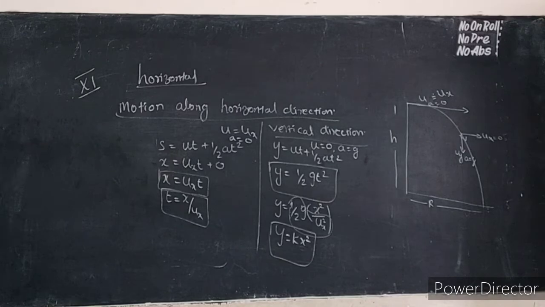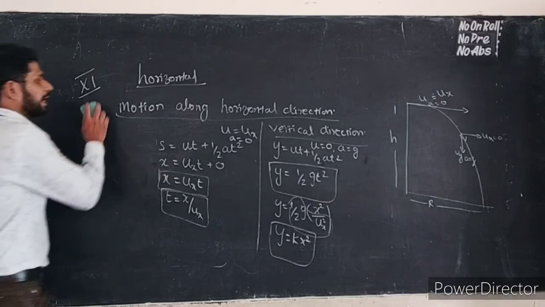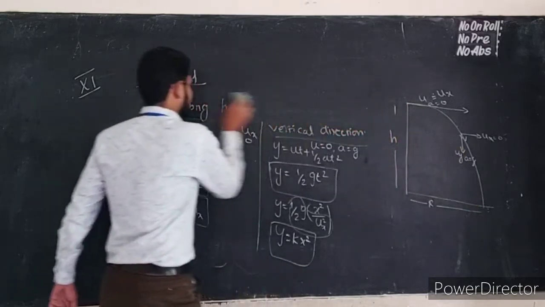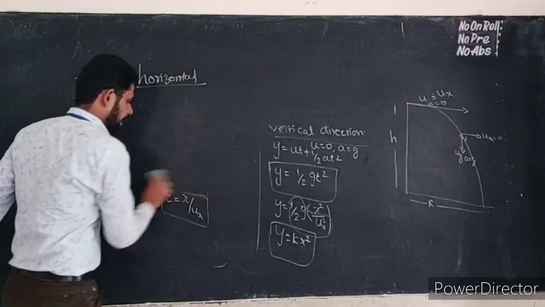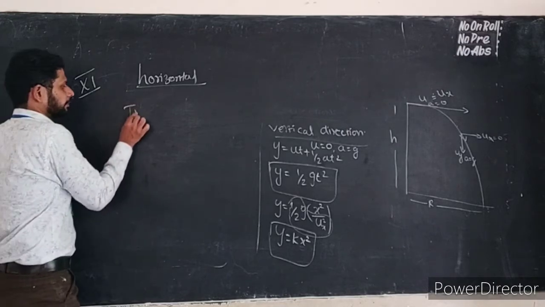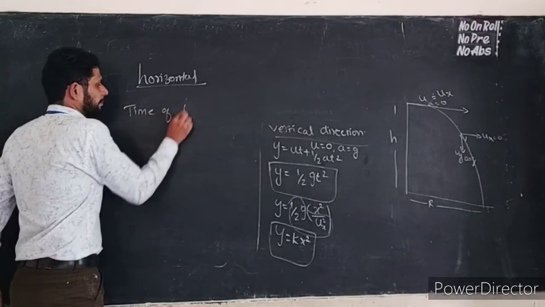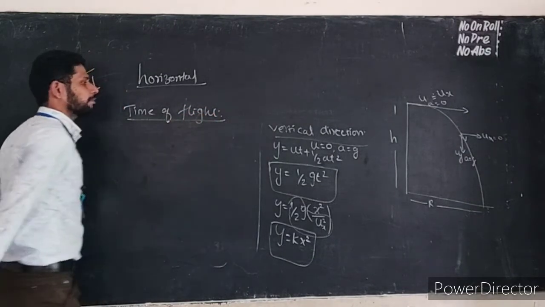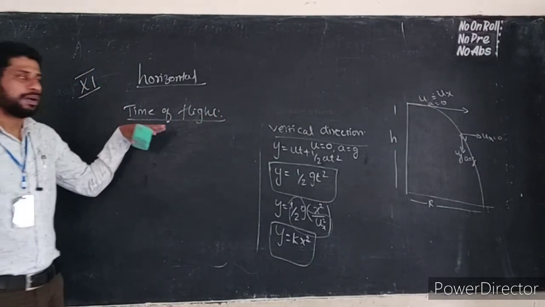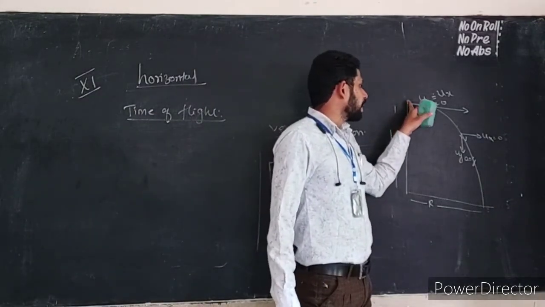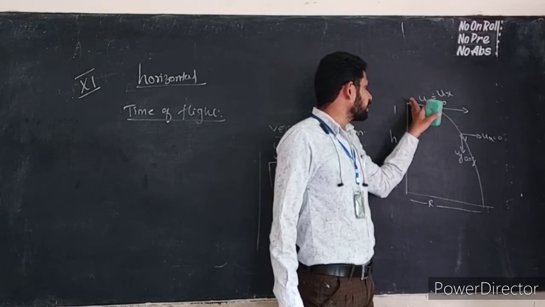Okay, now we have to find the time taken by the particle moving from here to here. This is called the time of flight. What is meant by time of flight? The time of flight is nothing but the time taken by the particle to reach the ground from the top of the building, from the height.